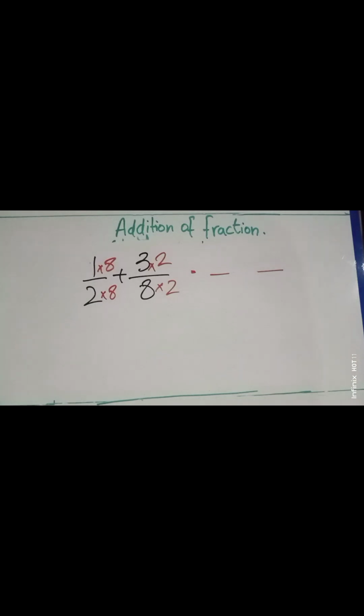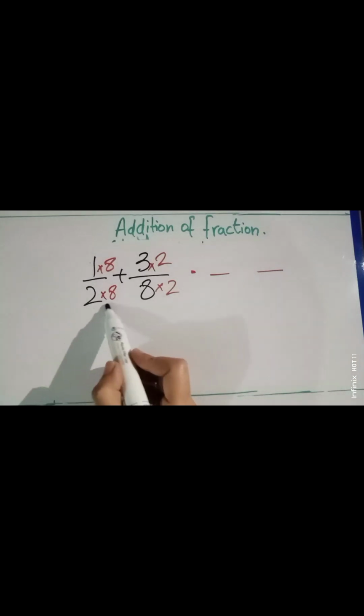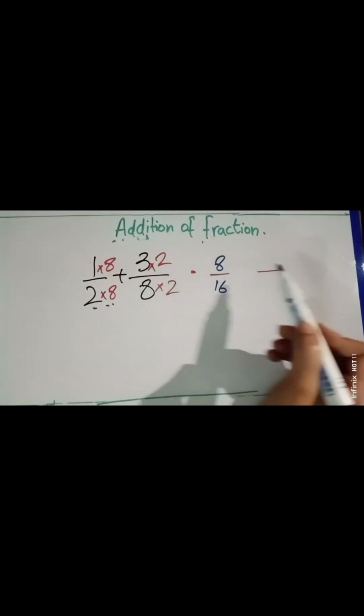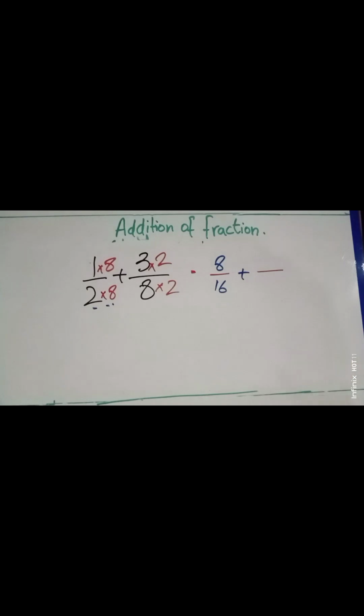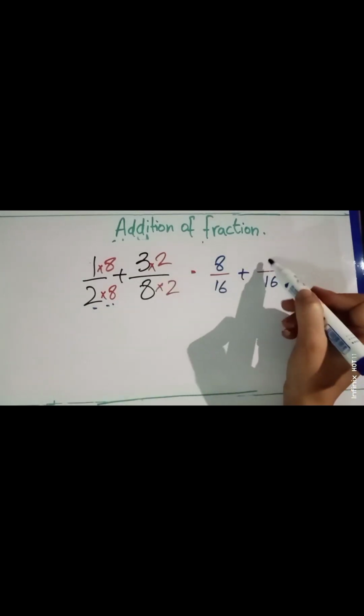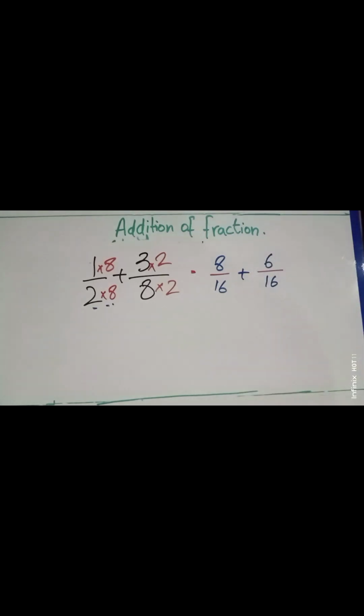So 2 8s are 16 and 8 1s are 8. Put a plus sign, then 8 2s are again 16 and 3 2s are 6. Now the new fraction that we have is 8 by 16 plus 6 by 16.